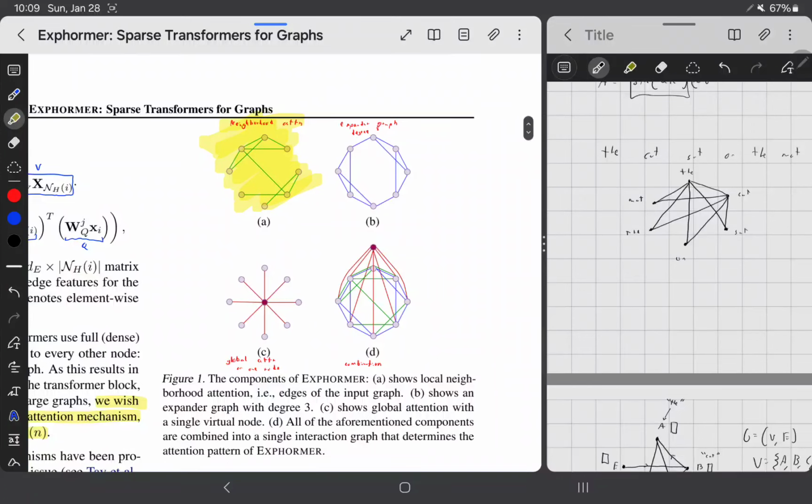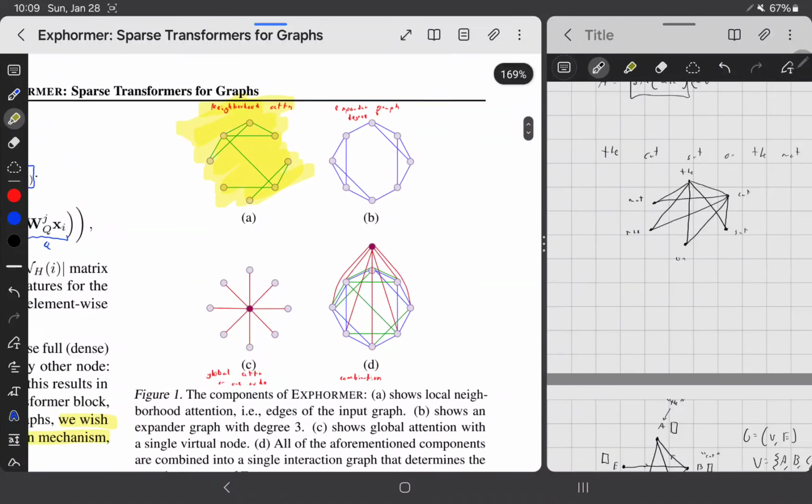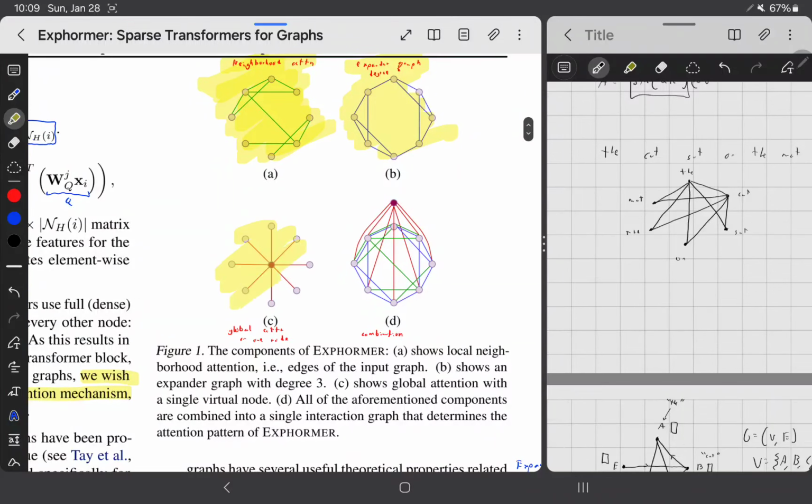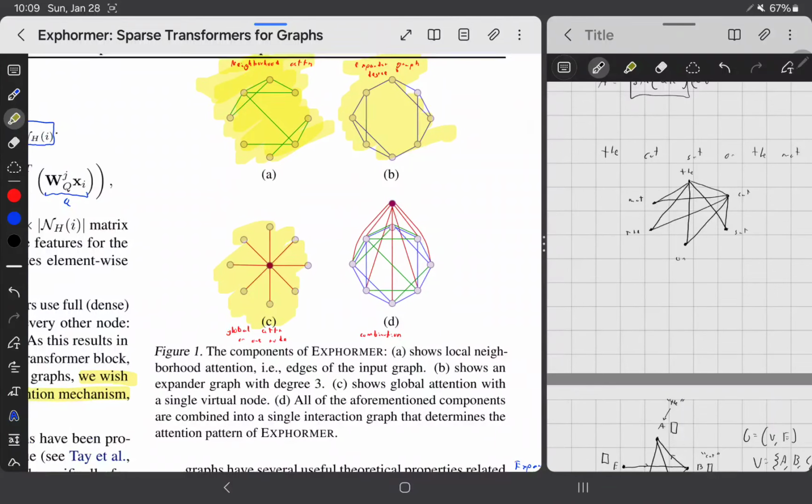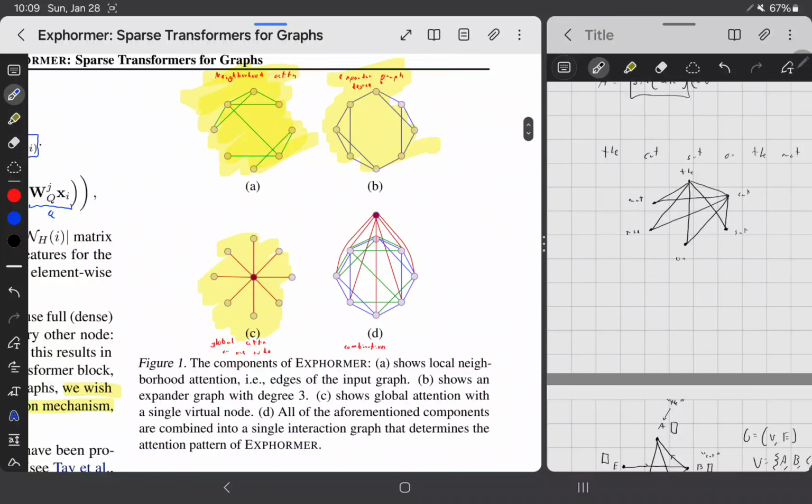Now, the two other subgraphs they create to approximate this are the first one called the expander graph, and the second one called the global attention graph, or routing patterns rather, not graph.